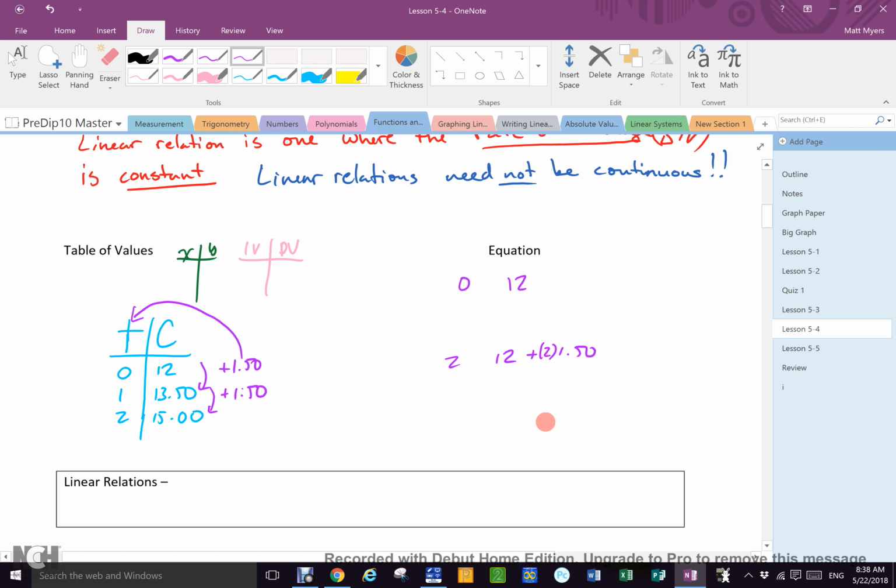Now, if I want to do an equation, I need to know what happens when I change my IV by how much? 1, right? Yeah? So this has gone up by what? 2. This has gone up by how much? 3, correct?